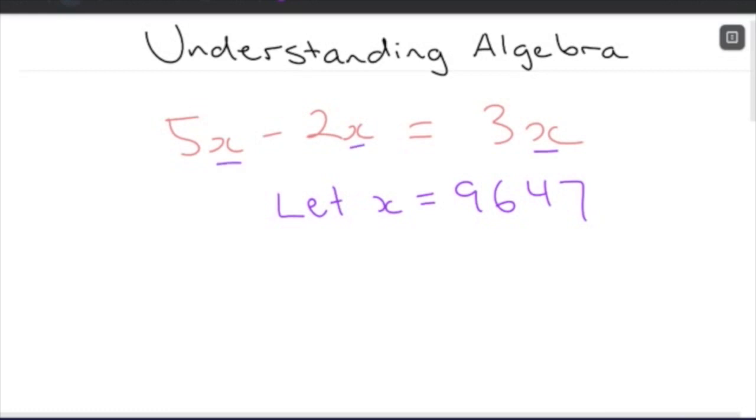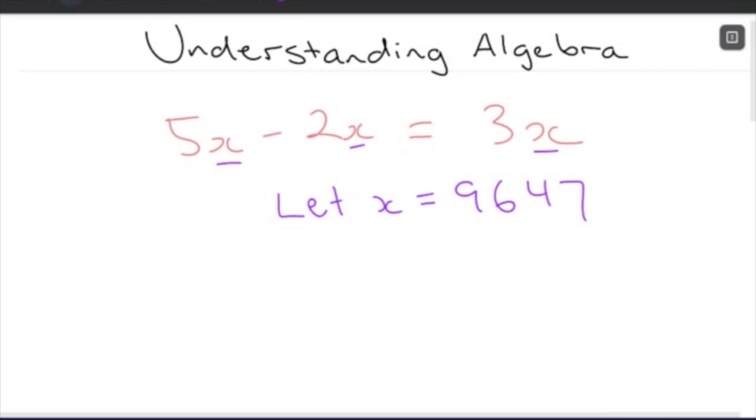If I take 5 lots of x, and from that I subtract 2 lots of x, I will be left with 3 lots of x. Now, this makes sense when algebra is taught initially, because we say, all right, well, we have like terms, so just subtract or add the coefficients.